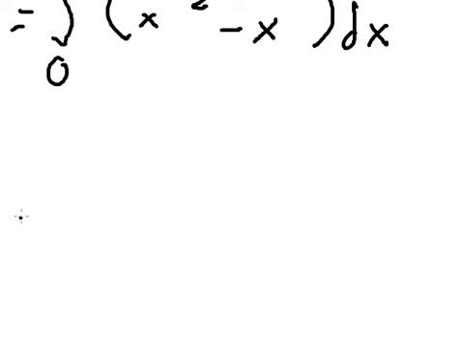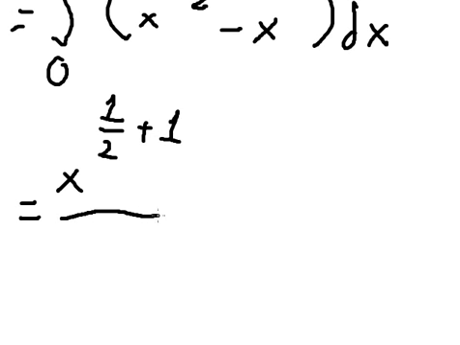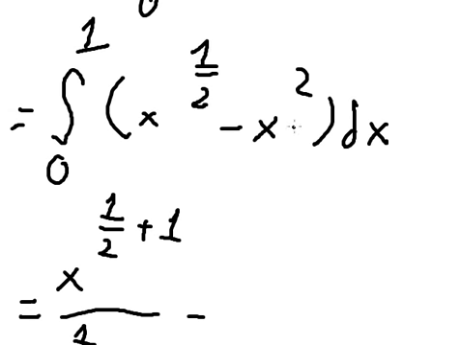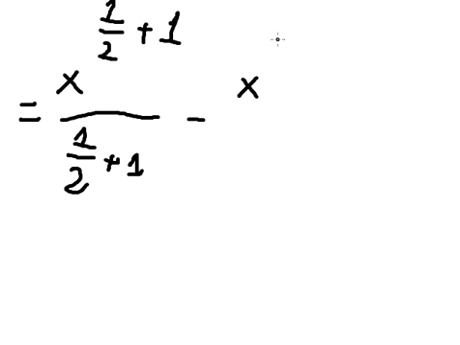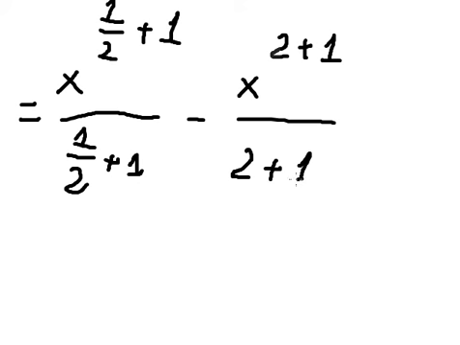The integration of s to the power of 1 over 2, we have s to the power of 1 over 2 plus 1, over 1 over 2 plus 1. For s squared, we have s to the power of 2 plus 1 over 2 plus 1.